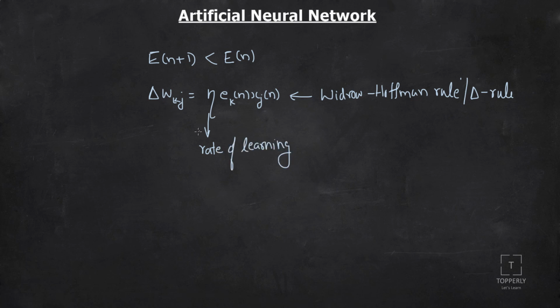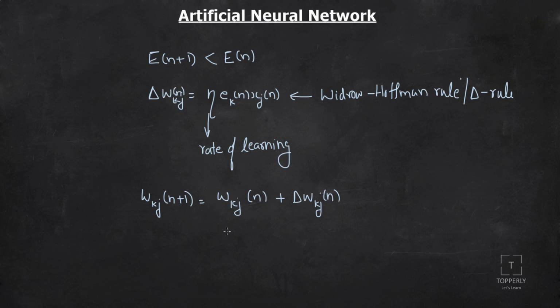In other words, the adjustment made to the synaptic weight is proportional to the error signal and the input to the synapse in consideration. And with this we will update the weight of the synapse such that wkj(n+1) is equal to wkj(n) plus delta wkj(n).